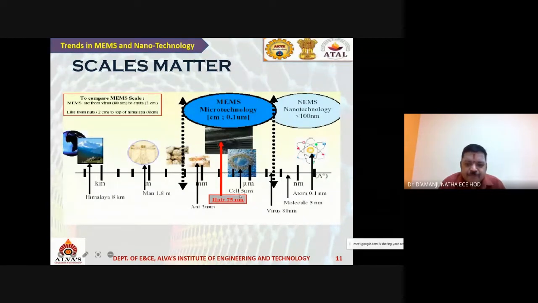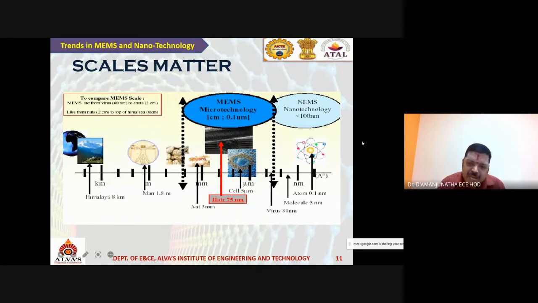Cells, so micrometers fall here. In between these two dotted lines, MEMS technology, micro technology enters, right? So the size of MEMS technology lies somewhere in terms of micrometers, right?